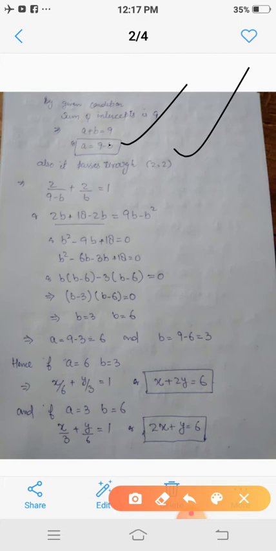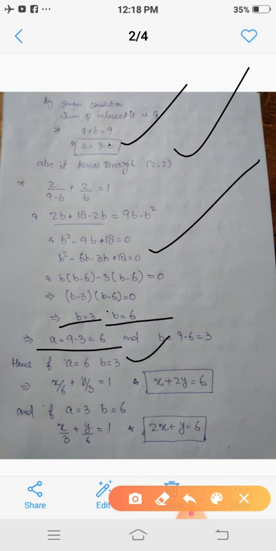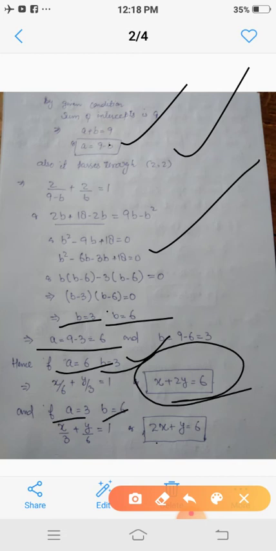So when we substitute here, we simply get an equation which is quadratic in b, hence b equals 3 or b equals 6. When b is 3, a is 6, or when b is 6, a is 3. When we substitute a equals 6, b equals 3, we get one form, that is x plus 2y equals 6, or when a is 3, b is 6, we simply get 2x plus y equals 6.